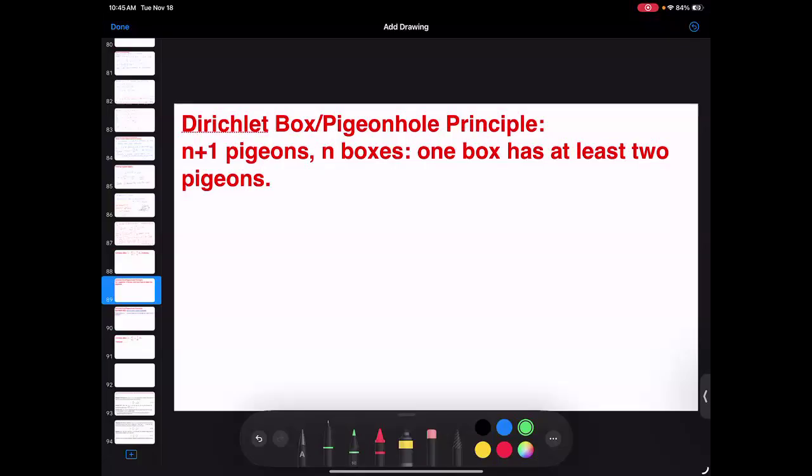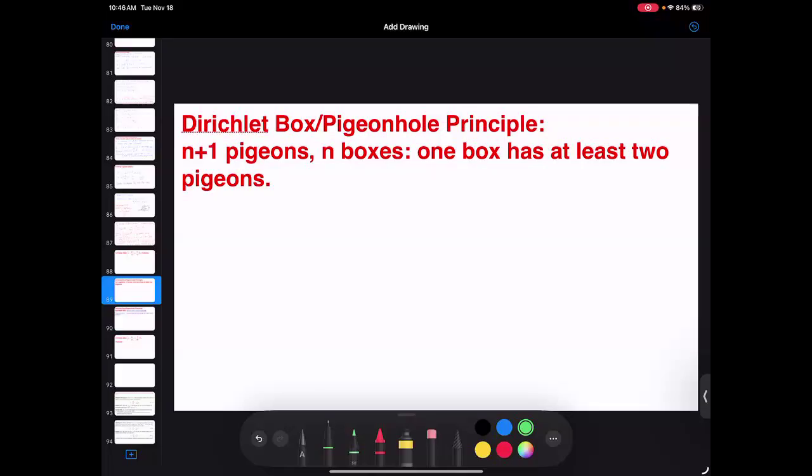And again, this is another no duh theorem. If each box had at most 1 pigeon, and you only have n boxes, that only accounts for n pigeons. You've got n+1 pigeons. So at least one box has to get 2 pigeons. Another way of saying this is, it is impossible for everyone to be below average. At least one person has to be average or better.